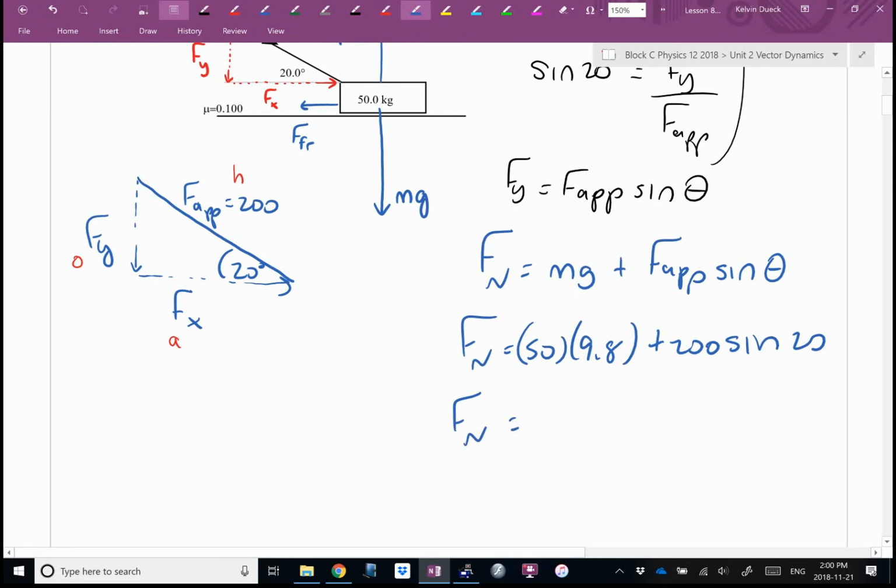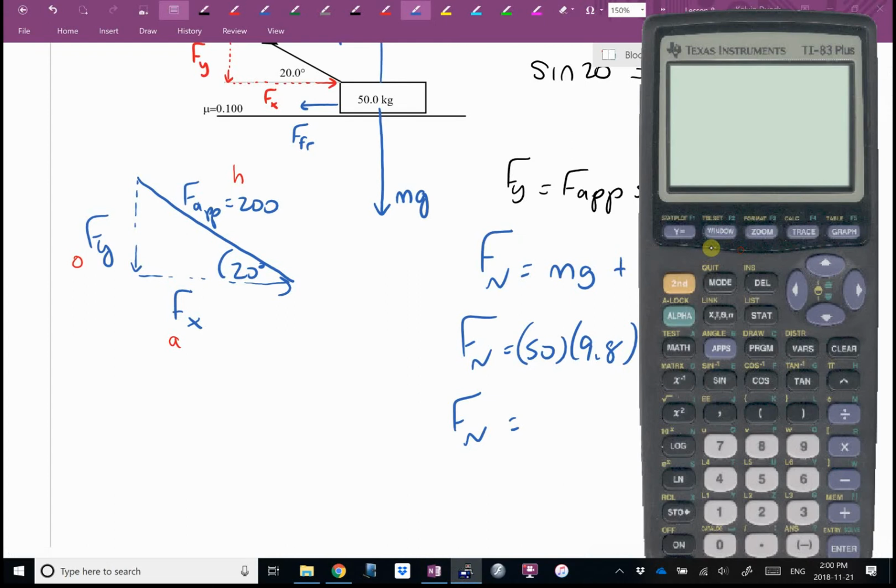What'd you get on your calculator? I know you can type with one hand. 50 times 9.8 is 490. Sine of 30 is 0.5. Sine of 20 is going to be around 0.4-ish. 500, I'm going to guess around 560 something. What do you get? 558. Oh, you know what?